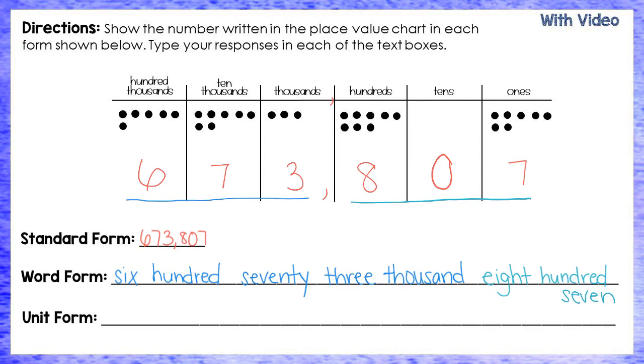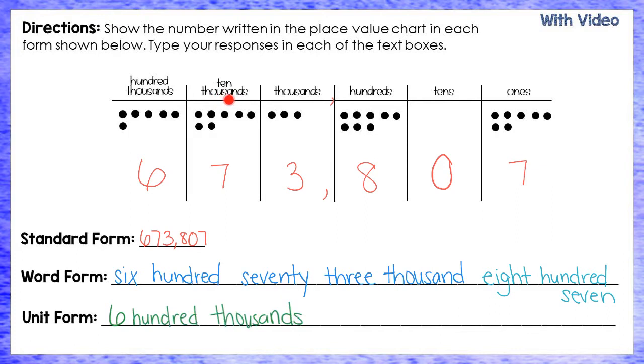All right, let's go on to unit form. In unit form, we write the number and what place it's in. So there are 600,000. I'm going to write the digit 6, and then I'm going to write the words hundred thousands. Then we go to the next place.